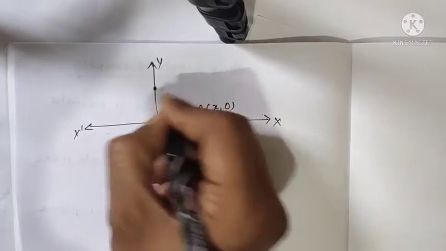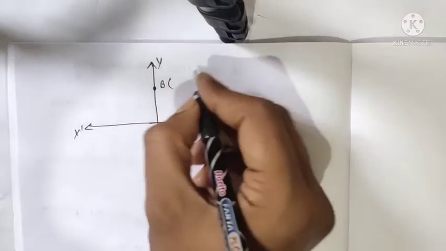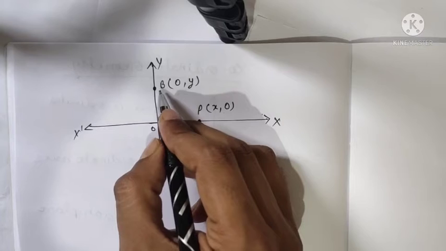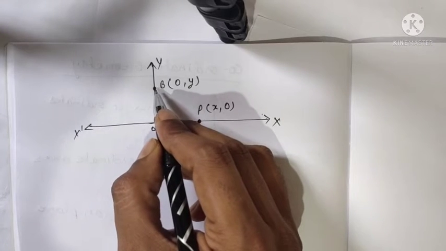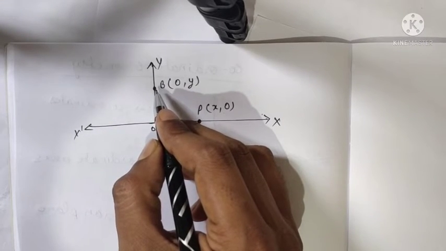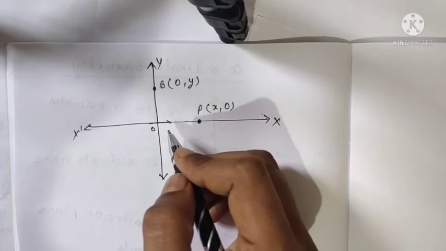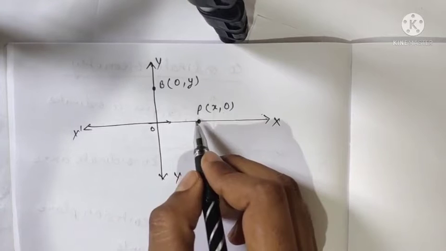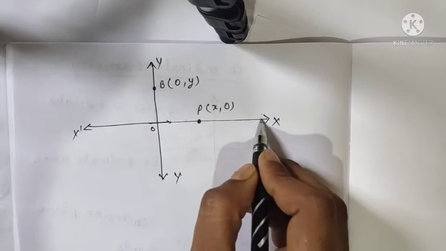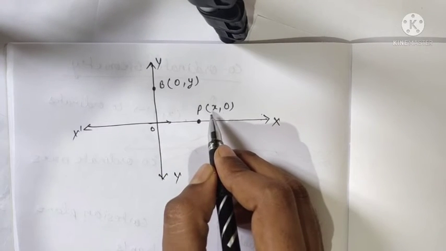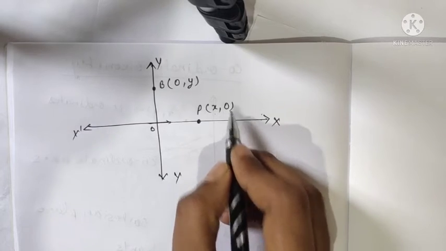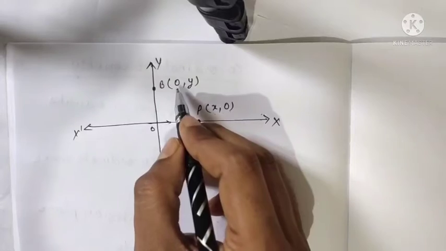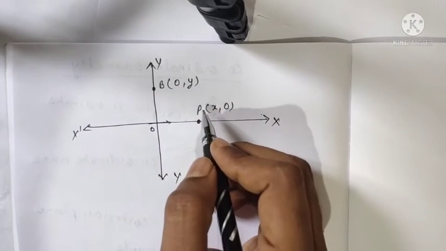Similarly, if there is any point whose coordinates are in the form (0, y), that means their abscissa is 0, then it lies on the y-axis. Simple. Means all points which lie on the x-axis have coordinates in the form (x, 0), and all points which lie on the y-axis have coordinates in the form (0, y). Got it?